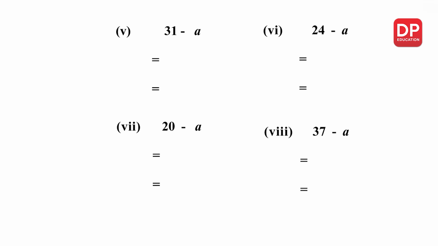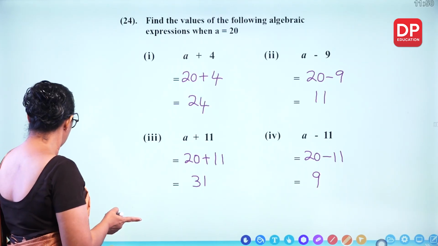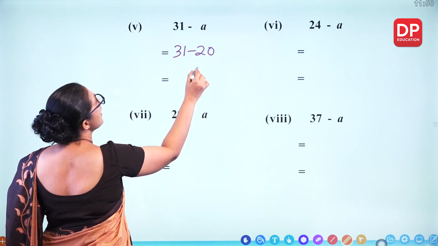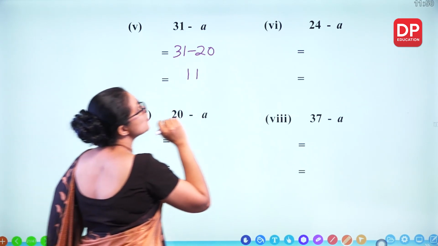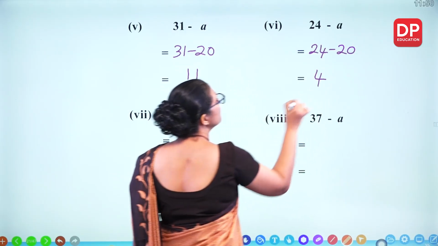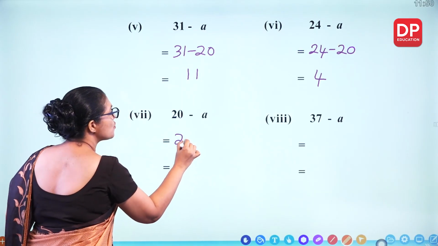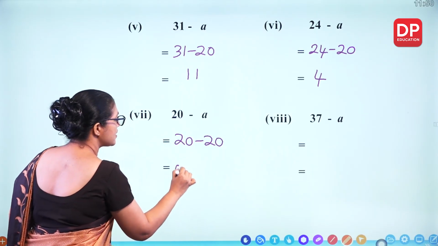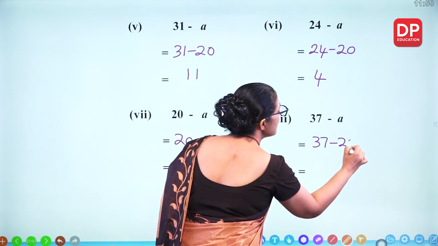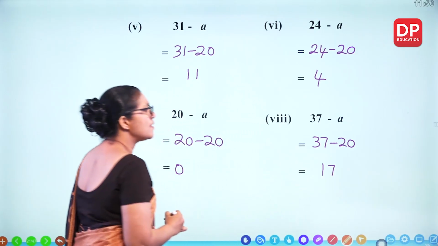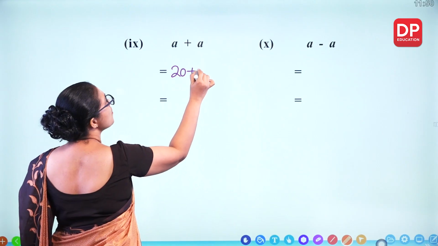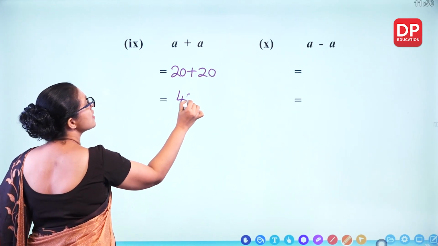31 minus 20. A is 20. 31 minus 20, you get 11. 24 minus 20, that's 4. 20 minus 20, you get 0. 37 minus 20, you get 17. 20 plus 20, that's 40.